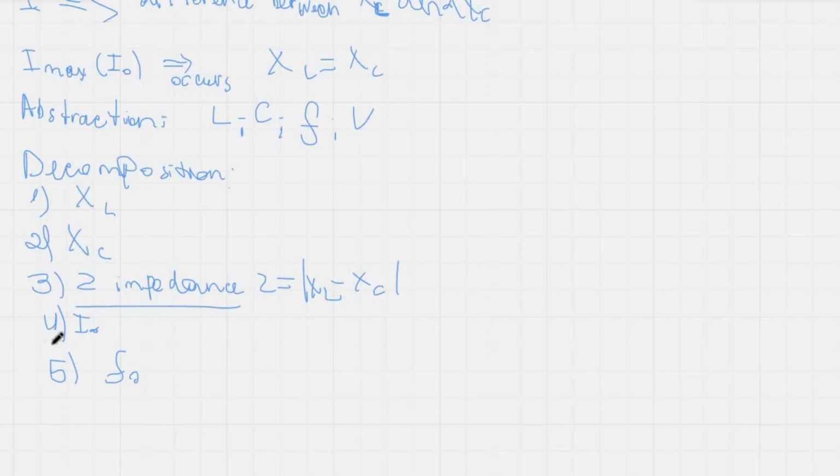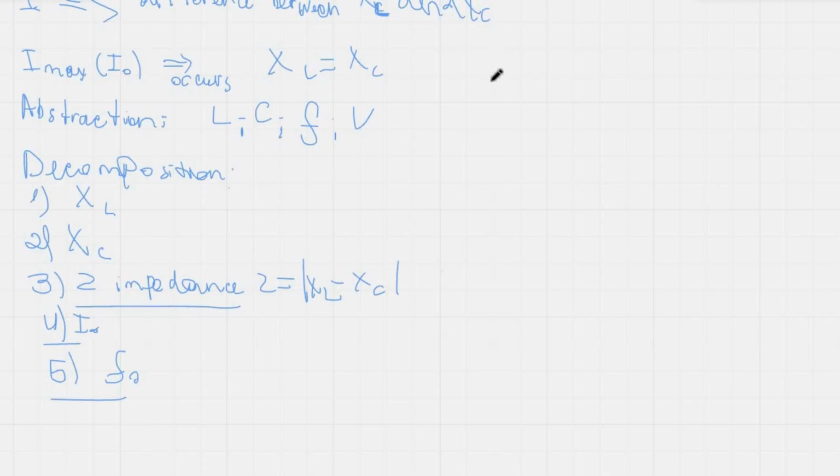Then we will calculate the maximum current and the frequency that will determine the resonance frequency. Now let me show the algorithm that follows our decomposition. Let's find the inductive reactance.